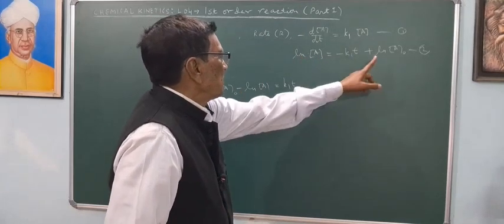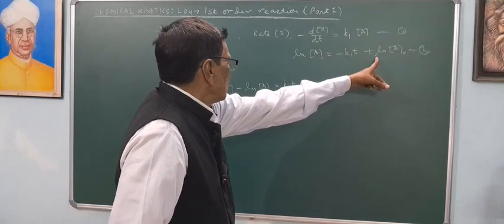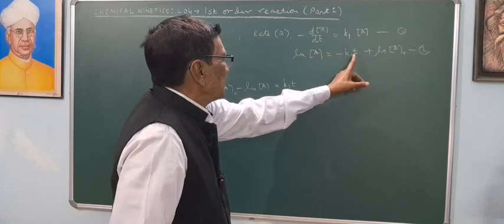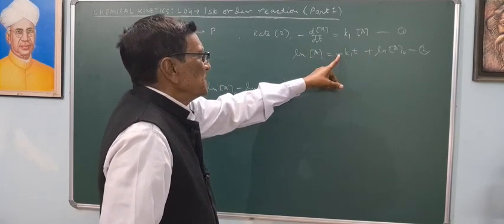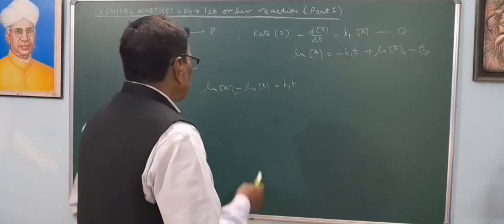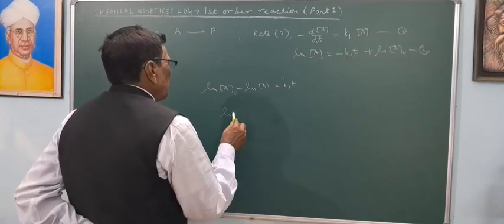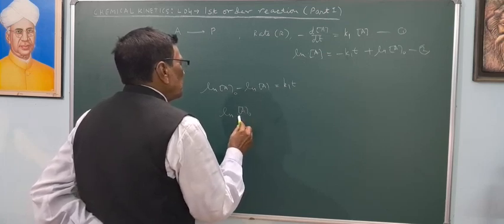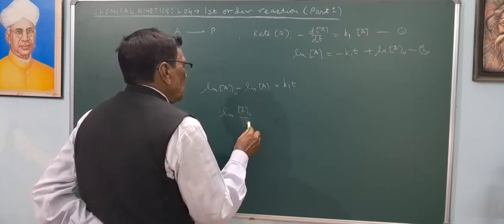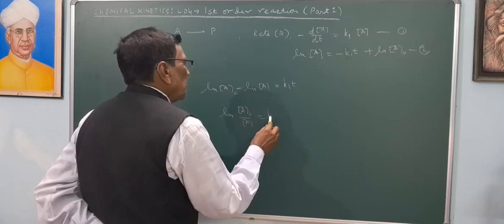This one coming to this side, minus concentration of A, so K minus is removed, and K1T, or ln concentration of A naught by concentration of A equal to K1T.